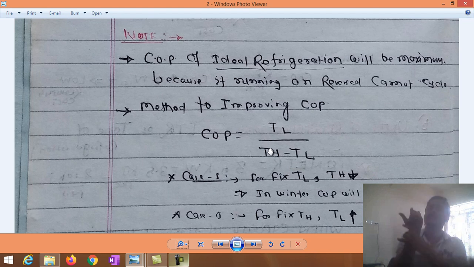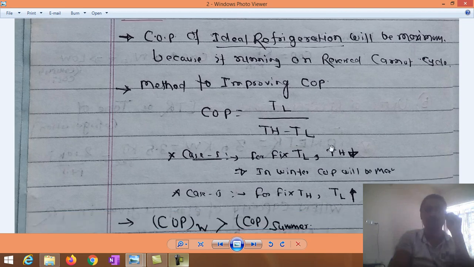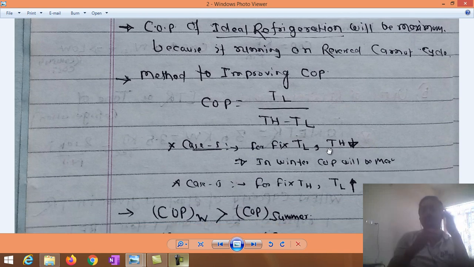So this is our important observation. If TL is fixed and you decrease the value of TH, the COP will be more. This condition might be seen in winter. If TH increases, like in summer, for fixed TL, the COP will decrease.